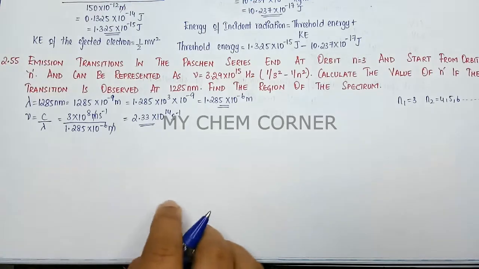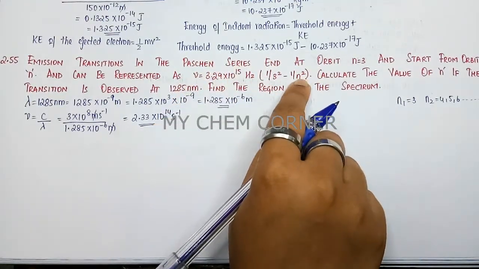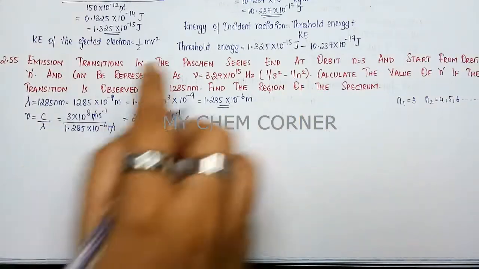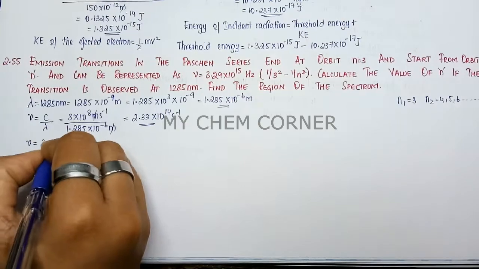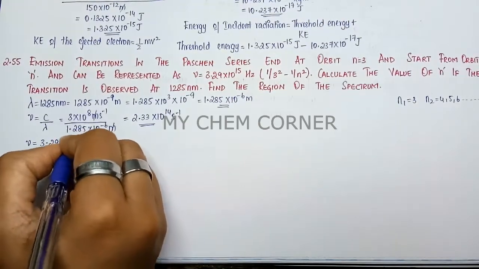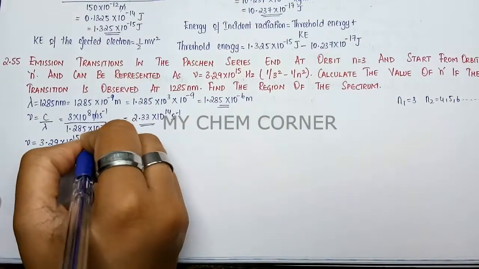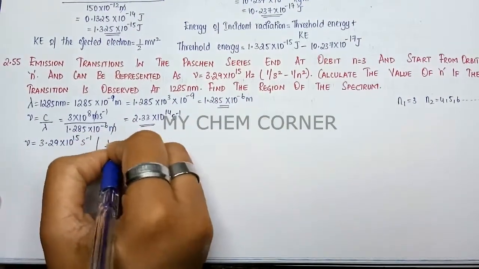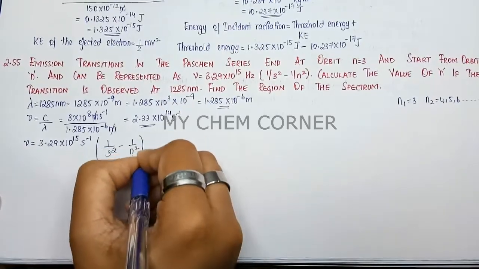Now we are going to use this particular formula to calculate what is the n value for it. So here we repeat the same formula: nu is equal to 3.29 into 10 to the power 15 hertz, which can also be written as seconds inverse, into 1 by 3 square minus 1 by n square.